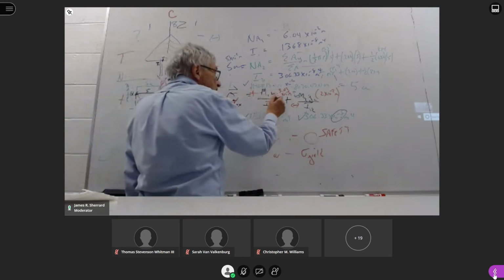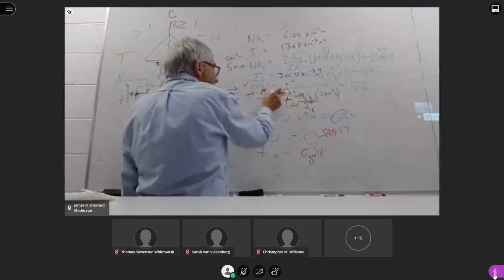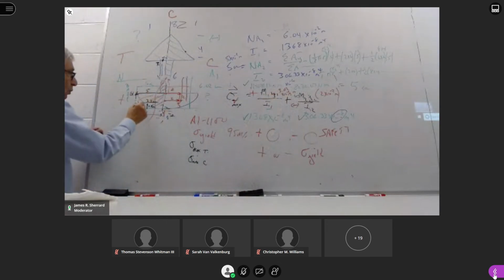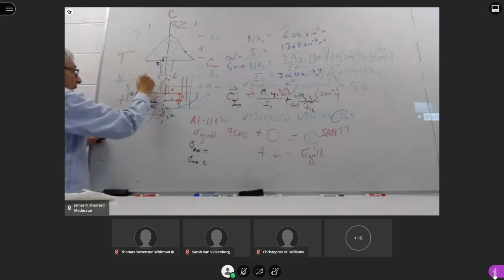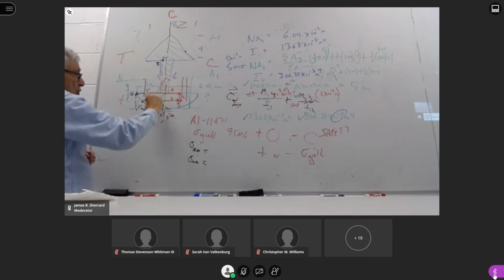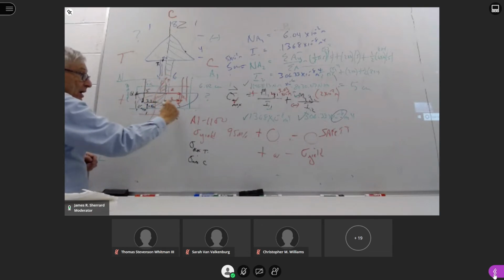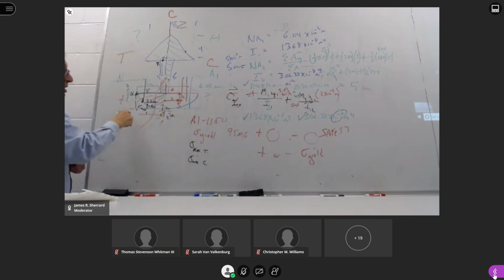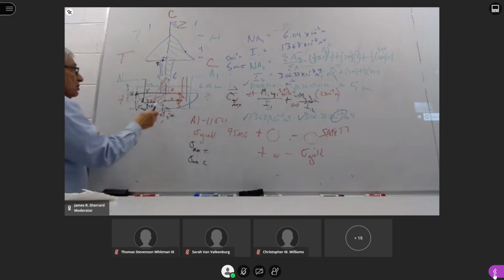This stays the same, this stays the same, this stays the same, this stays the same. I have to find y, and y is the distance from this neutral axis to that point, which is going to be 6.02 minus 2.2, and it's going to be plus because this is tensile. For this y, it's a distance from this neutral axis to here.